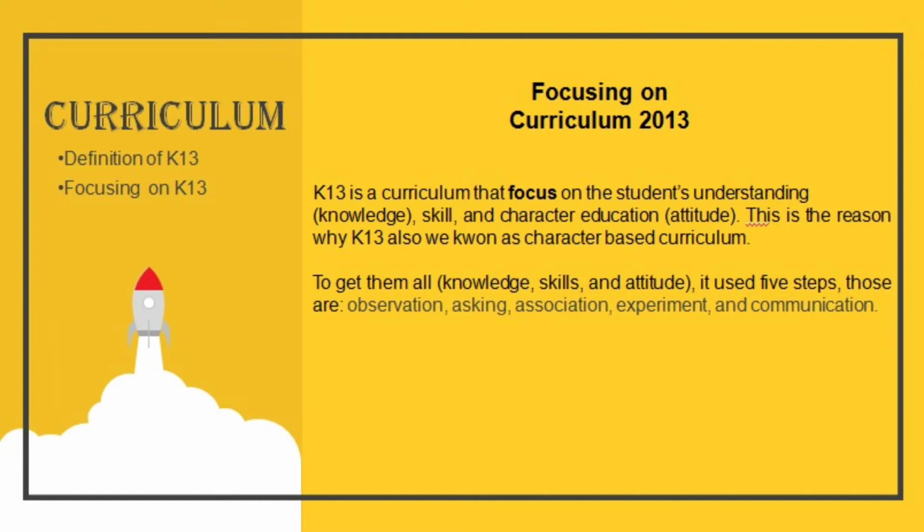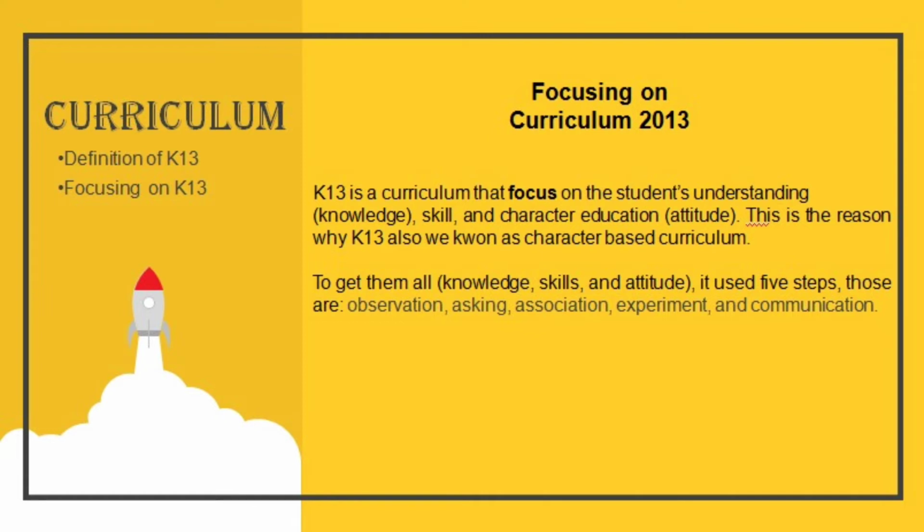To get them all, knowledge, skills, and attitude, it uses 5 steps. Those are observation, asking, association, experiment, and communication. For the student assessment, Curriculum 2013 focuses on 3 things: attitude, which includes manner, discipline, and so on.